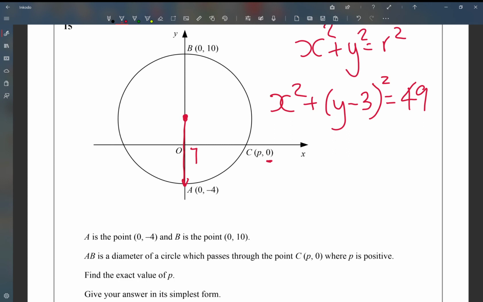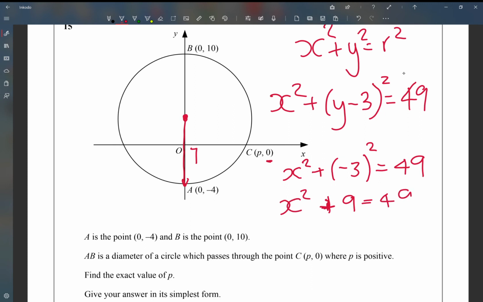So if we substitute y as 0, x squared plus (0 minus 3) squared equals 49. Minus 3 squared is just going to be 9. Plus x squared equals 49. And then take that away, so it's 40.